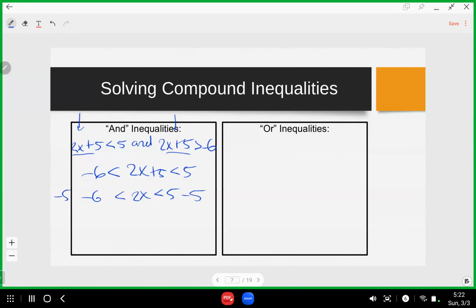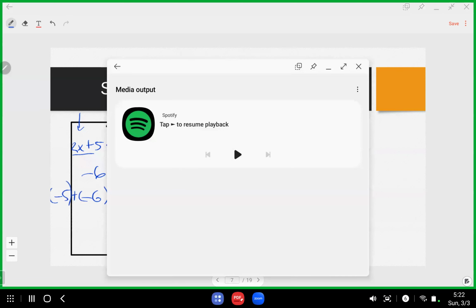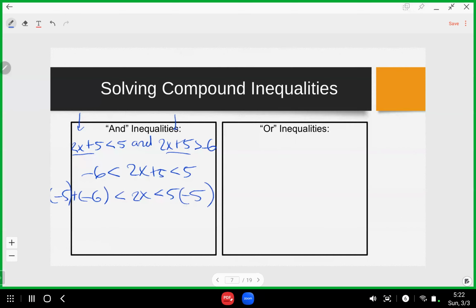Subtract 5 from -6, and subtract 5 from 5. Do the same thing to both sides. And what you get here is -11 is less than 2x is less than 0.